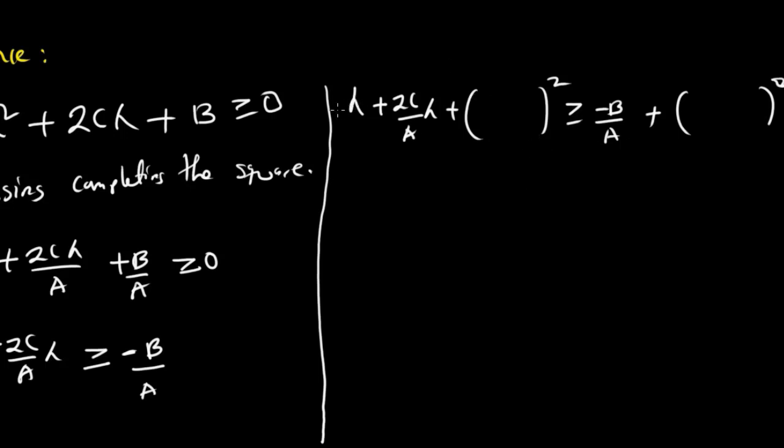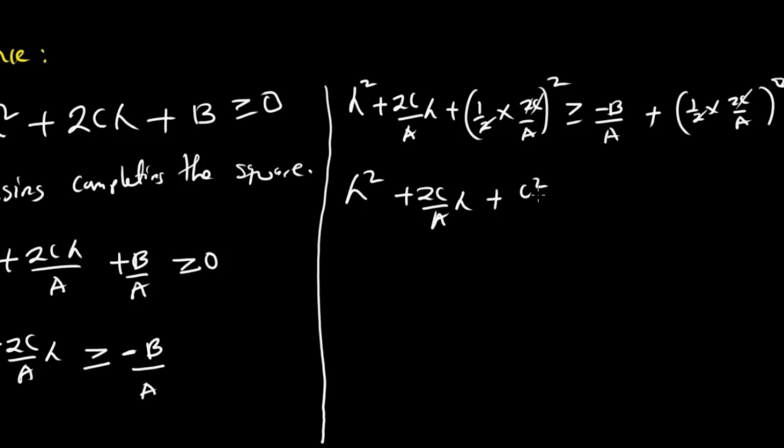So this is going to be half of the coefficient of lambda, which is 2C over A, so 1 over 2 multiplied by 2C over A. We then take the same thing to the right hand side. So this is going to be 1 over 2 multiplied by 2C over A, so the 2 is going to cancel out the 2 again over A. So here I'm going to have lambda squared plus 2C over A lambda plus C squared over A squared greater than or equal to negative B over A plus C squared over A squared.